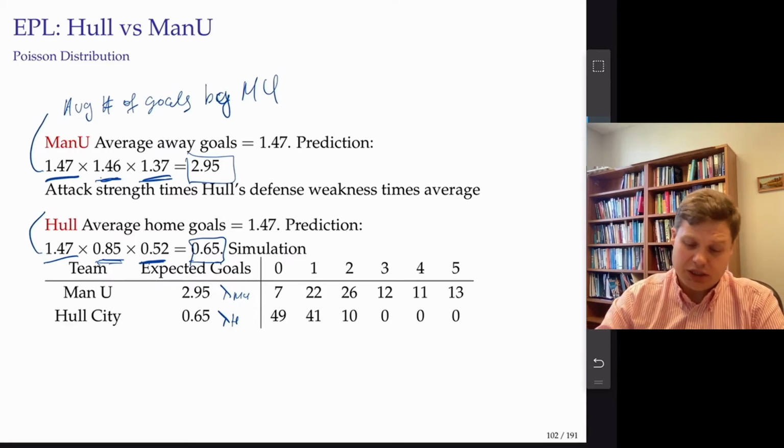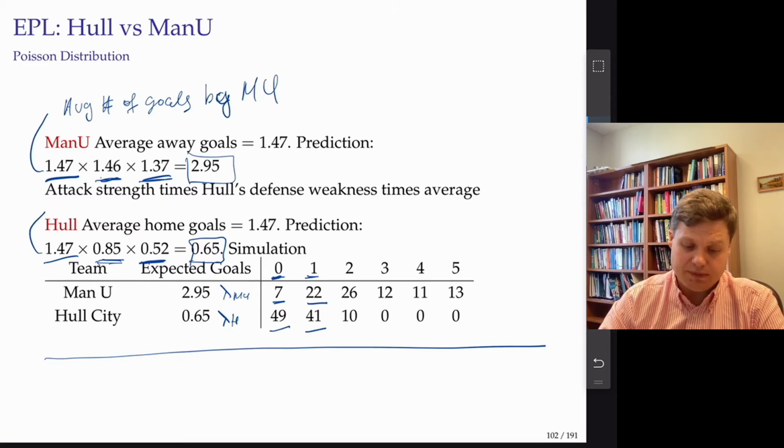In my simulations, there were 7 times Manchester United scored 0 goals, and 49 times Hull scored 0 goals, and 1 goal was scored in 22 cases by Manchester and in 41 cases by Hull City. So that's the outcome of my simulation.